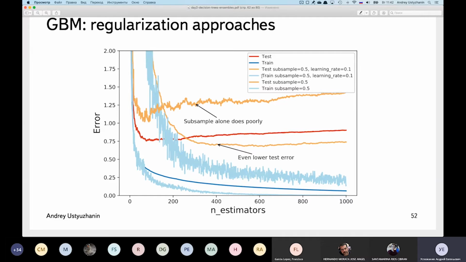You see that the test with subsample 0.5, it is this guy that goes pretty high, and subsample 0.5 and learning rate or shrinkage rate 0.1 is getting quite better results than the initial test error depicted here by a red line.